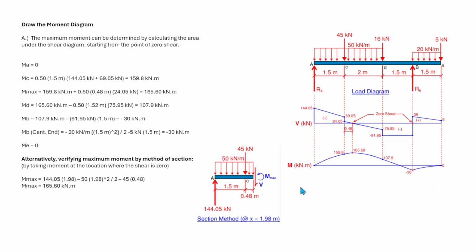By the way, guys, the method of sections is another alternative to give you a choice, because in the shear diagram, just in case the load is first degree, let's say trapezoidal, and your shear diagram is parabolic, now you cannot calculate this as a trapezoid if it is parabolic.